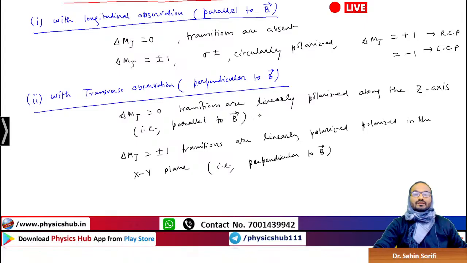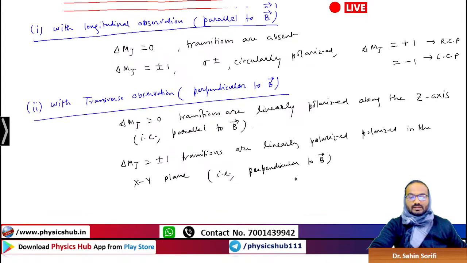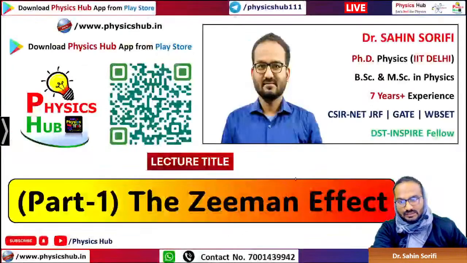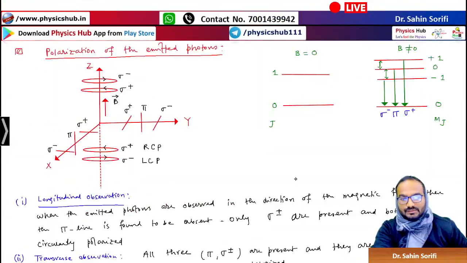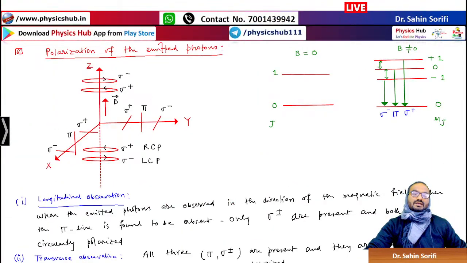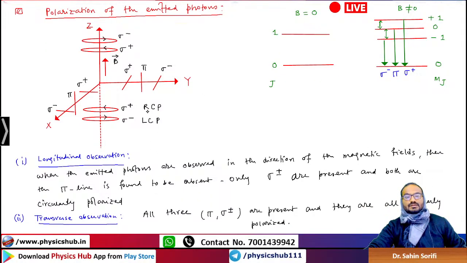In the first case we gave a general picture, and specifically we have talked about this. Along the direction of the magnetic field, no pi component is present, only sigma plus minus circularly polarized light. Perpendicular to the magnetic field, all components are linearly polarized.